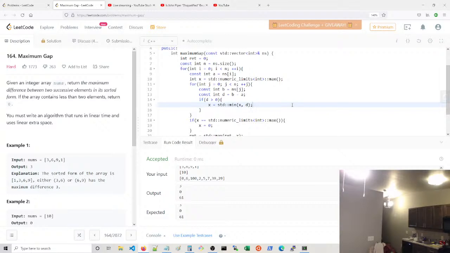I don't know, let's look at the quadratic algorithm. Maybe that's easier to think about. It's getting kind of late too.